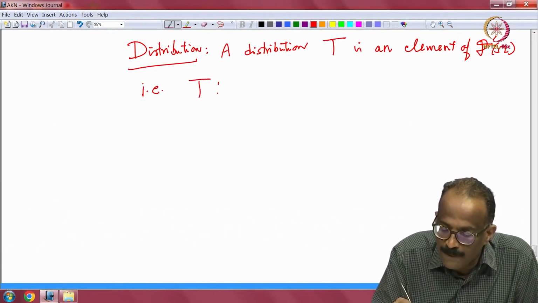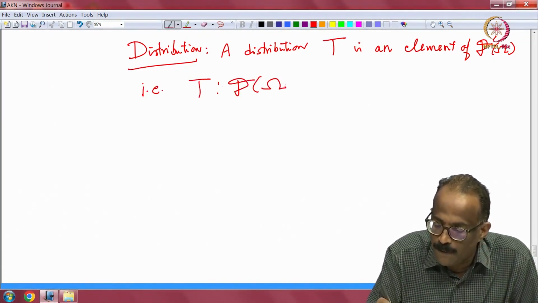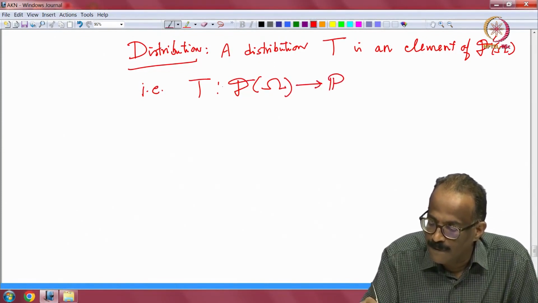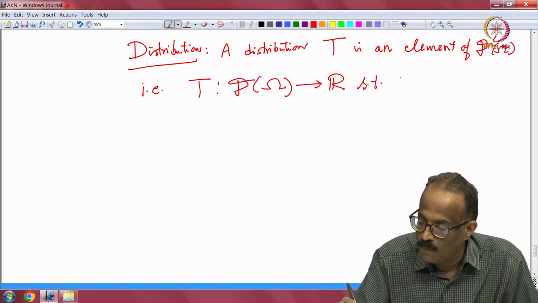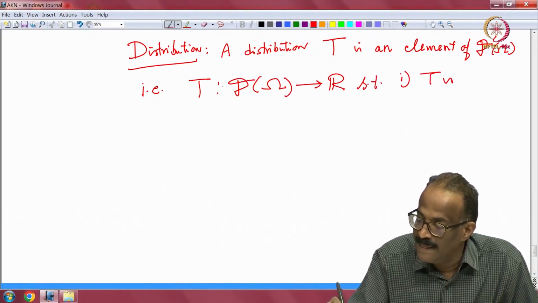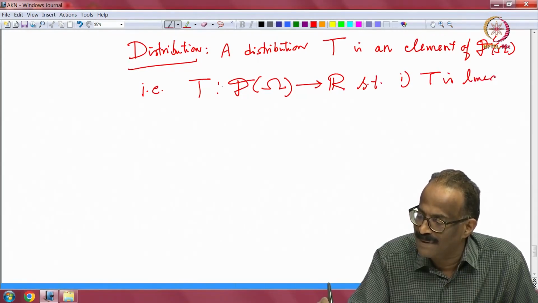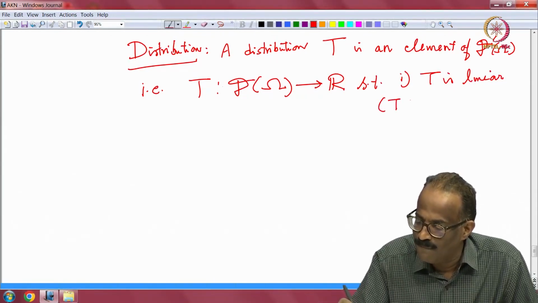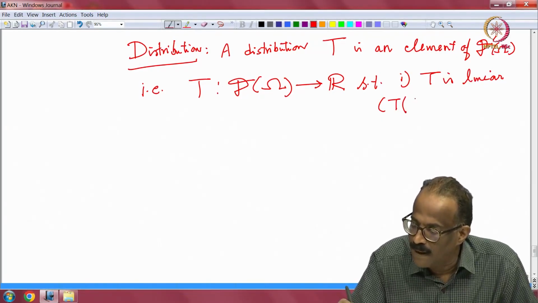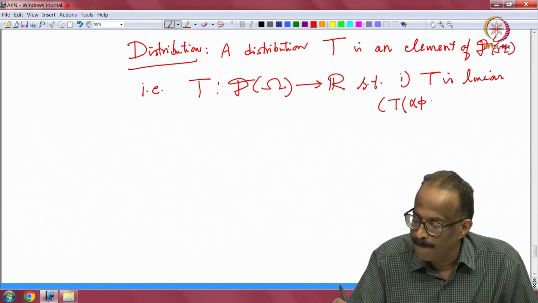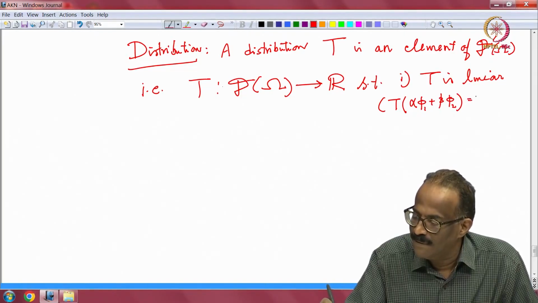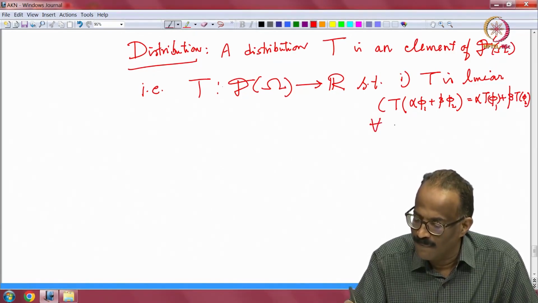T is a mapping from D omega to R such that one, T is linear in the sense of linear algebra. Okay. That is T of alpha phi 1 plus beta phi 2 is equal to alpha T phi 1 plus beta T phi 2, for all phi 1, phi 2.